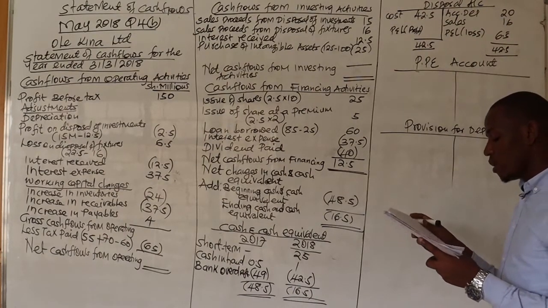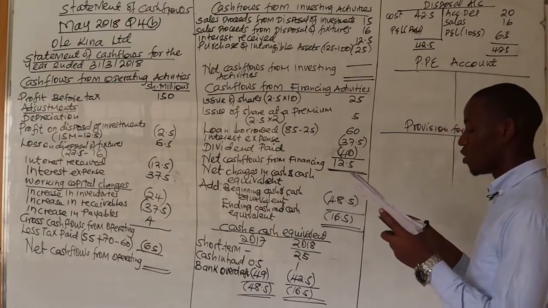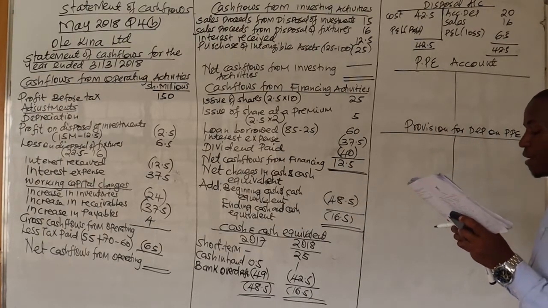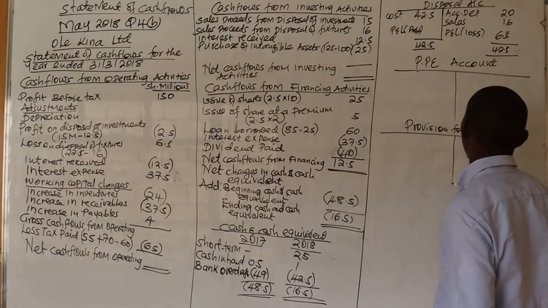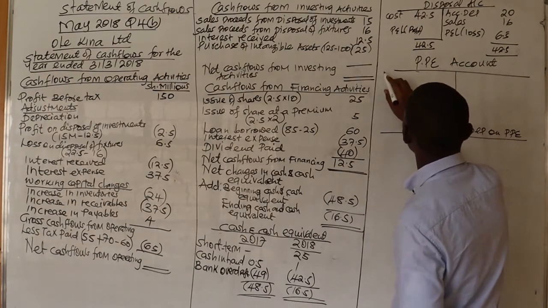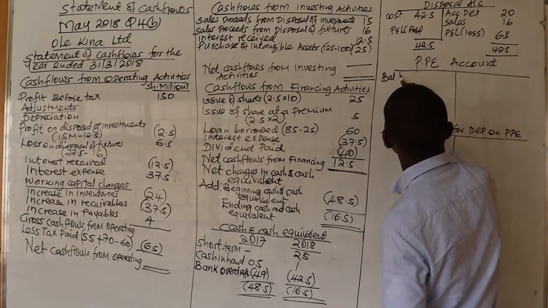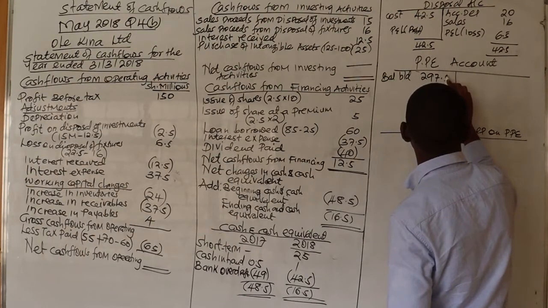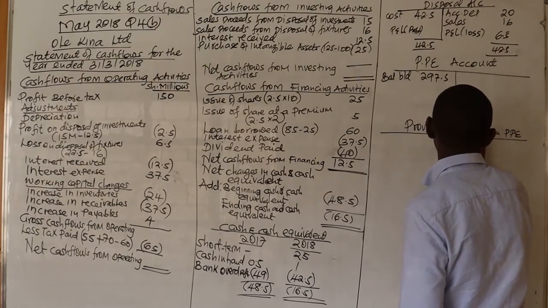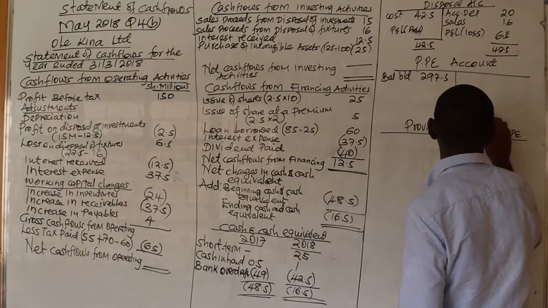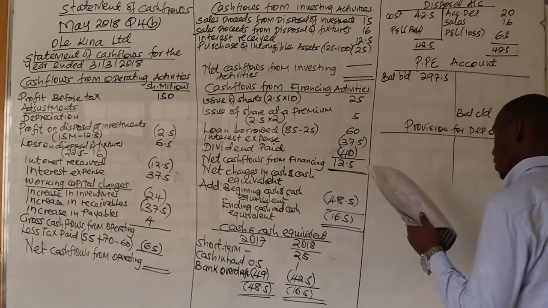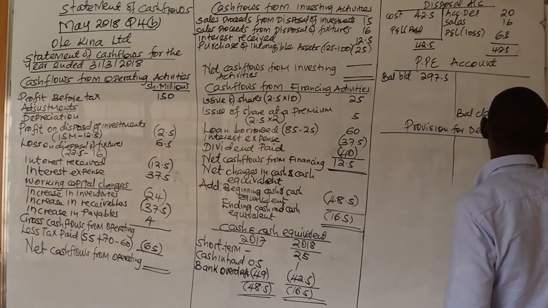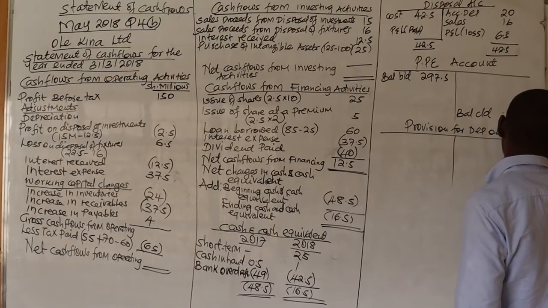So we can now begin with what we've been given on additional information number 3. As of the year 2017, the cost was 297.5. So the balance brought down is 297.5. And the balance carried down will also be given on cost, which is 360.